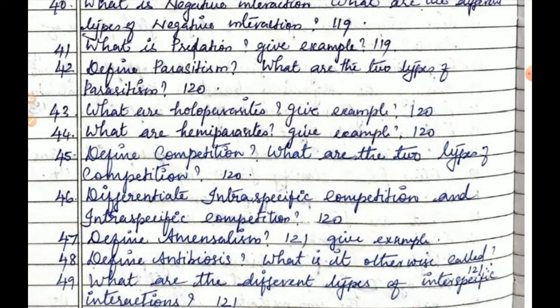The next is question number 46. Differentiate intraspecific competition and interspecific competition. The answer is given on page number 120. Intraspecific competition is an interaction between individuals of the same species. If the interaction is between individuals of the same species, then it is called intraspecific competition.